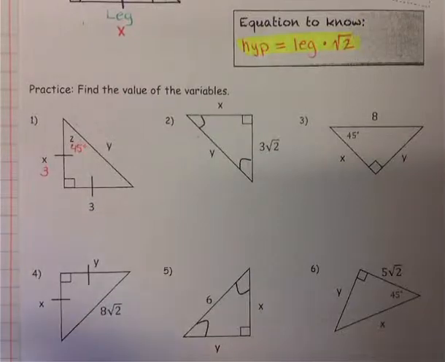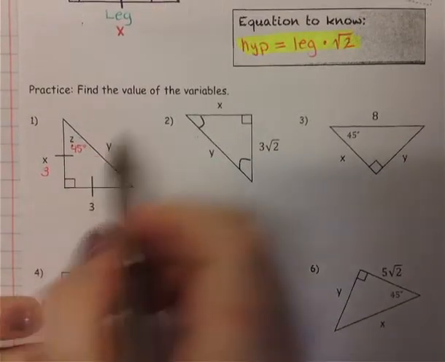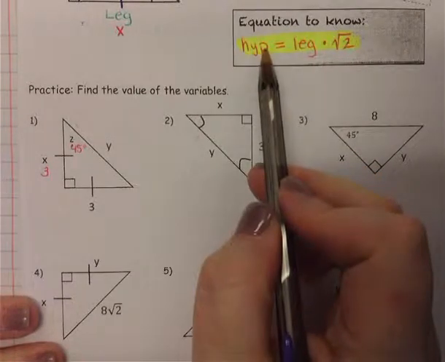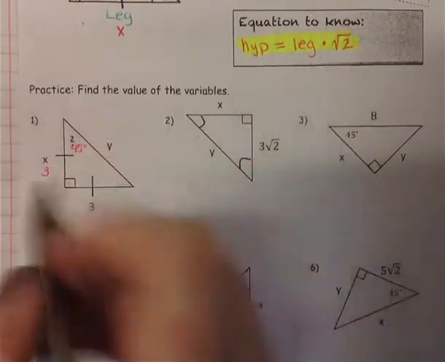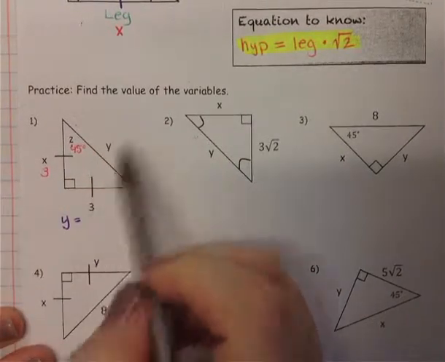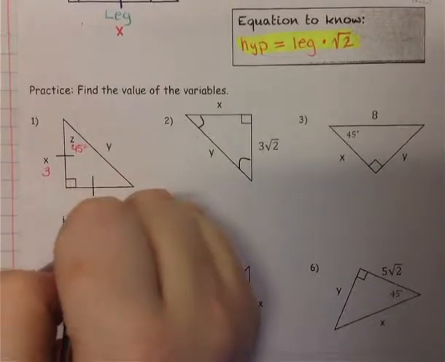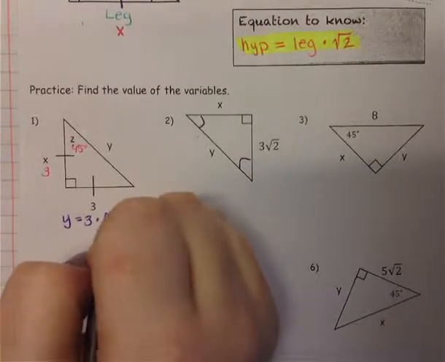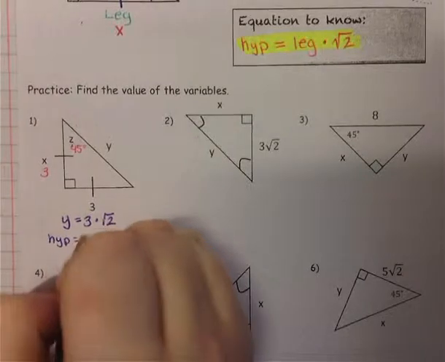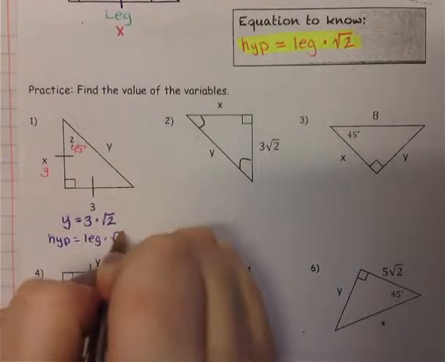To solve for y, which is your hypotenuse, we're going to use this equation. Hypotenuse is equal to leg times the square root of 2. The hypotenuse is y. Our leg is 3, times the square root of 2.